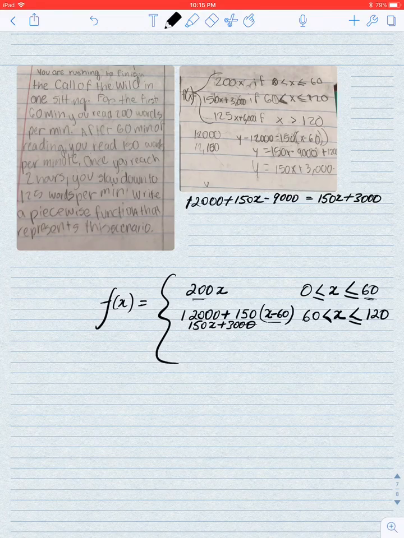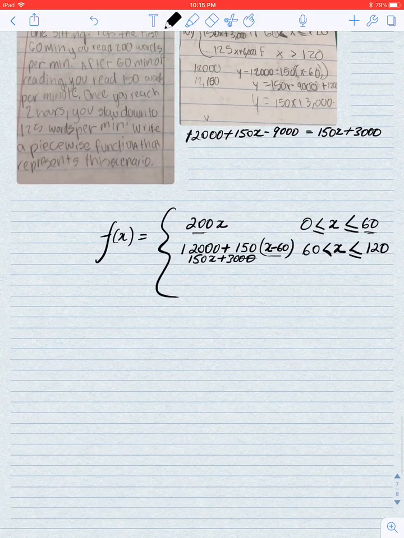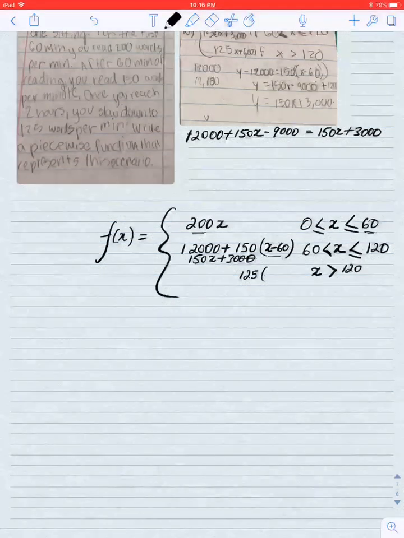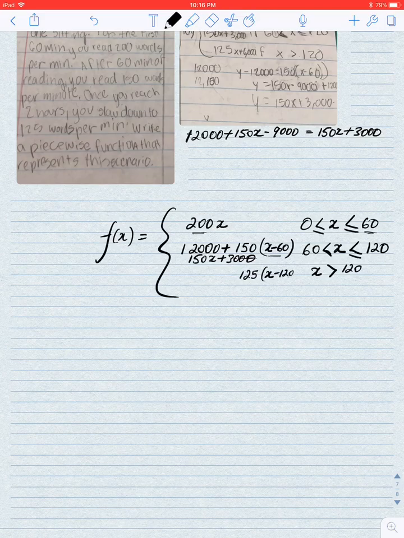The third part of the equation represents anything past 2 hours. So where x is greater than 120, and there you're reading at the rate of 125 words per minute, right? So let's say 125 words per minute times x minus 120.